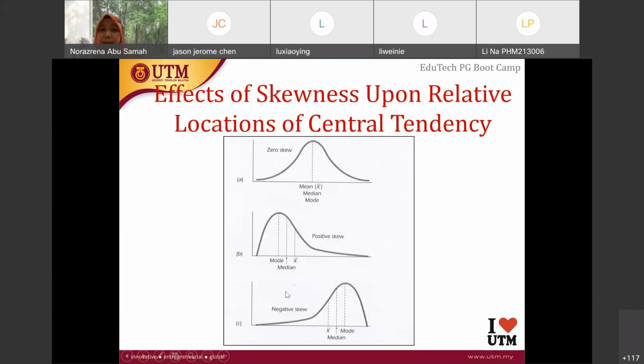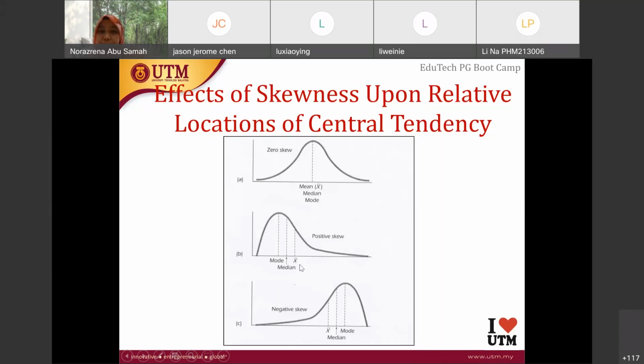But it will be a positive skew if the mode is less than the median and the mean, because the median is always in the middle, between the mean and the mode.